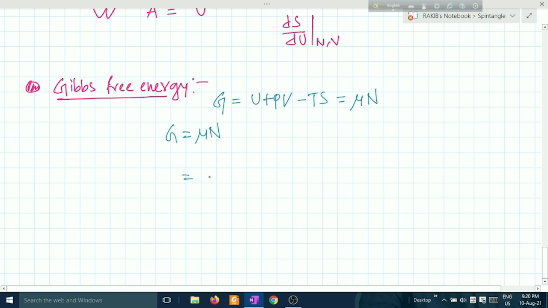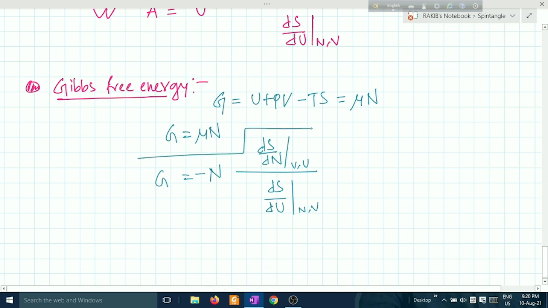You know what mu is here? Mu was minus dS upon dN at constant V comma U, over dS upon dU at constant N comma V. I think this is correct. This is the formula of G, or Gibbs free energy.